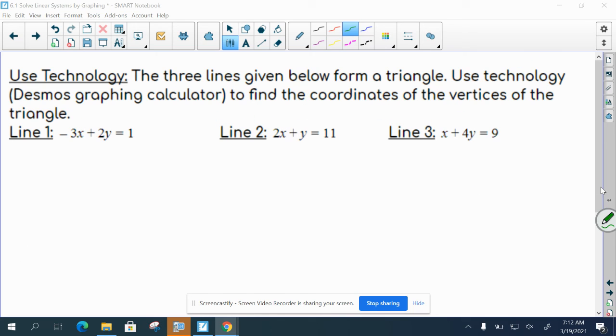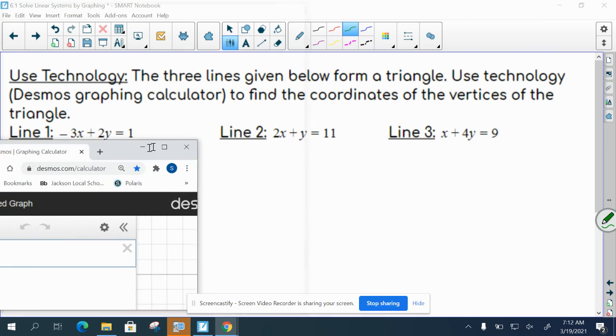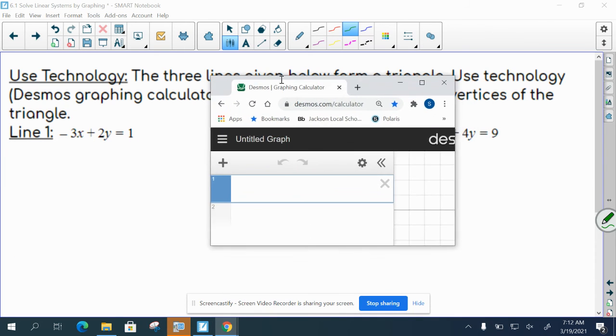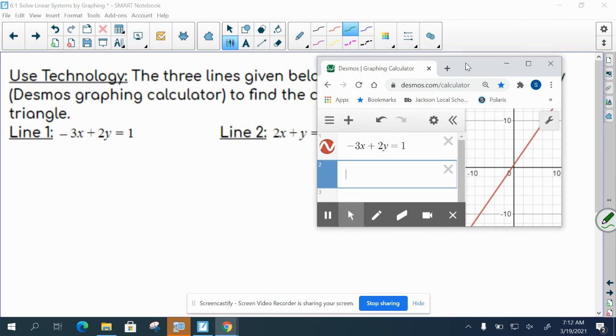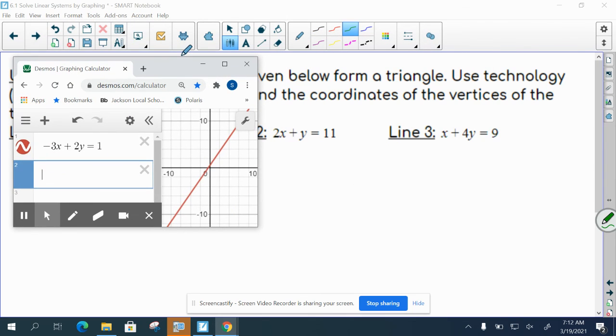And the nice thing about Desmos is that we don't have to get it into y equals like our calculator. We could just plug it in as the equation is written. So I'm going to type negative 3x plus 2y equals 1. And then I'm going to type 2x plus y equals 11.